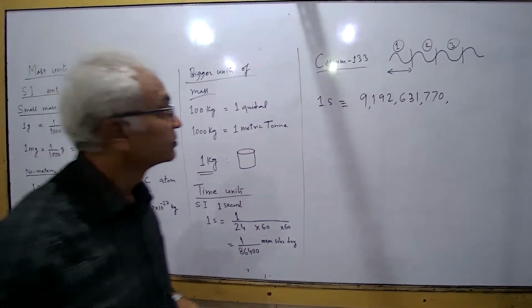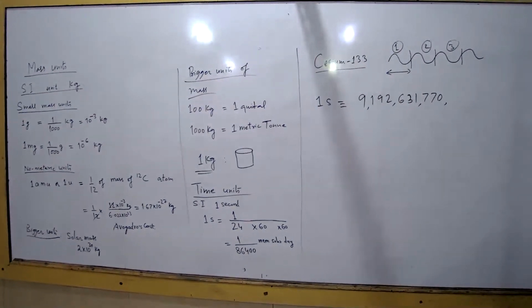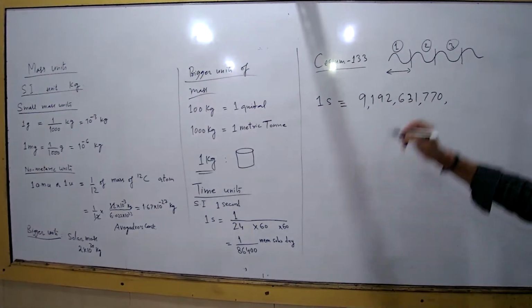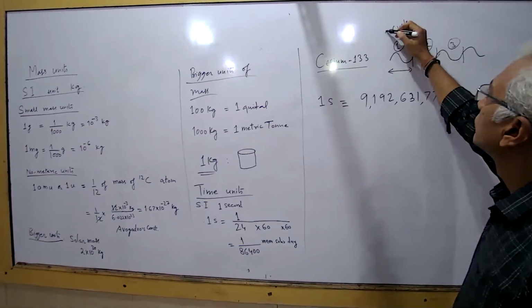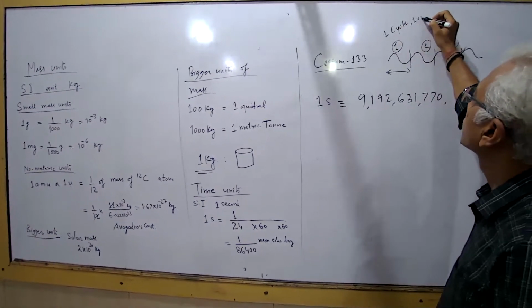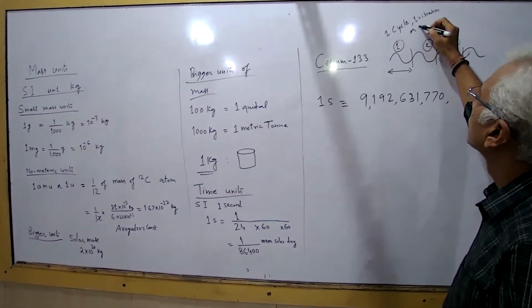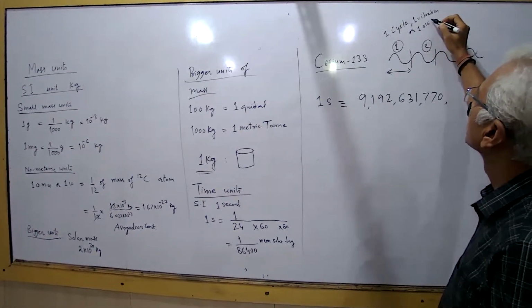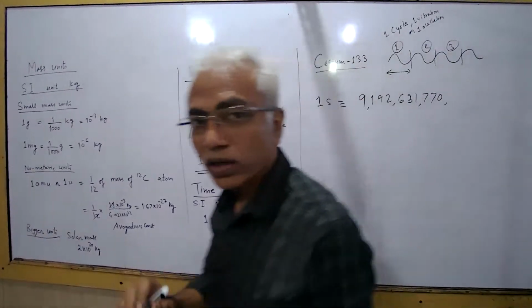We are going to do all this when we discuss oscillations and pendulum. It is also called vibration. This is called a cycle, one vibration, or one oscillation. These are all one and the same thing.